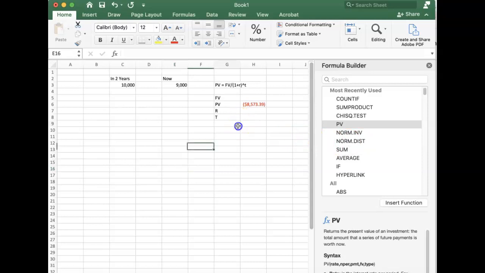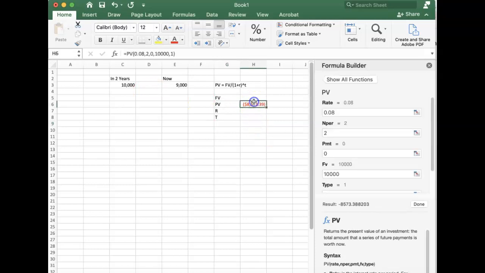So I would take right now $8,573.39, and say that's what I would take if I was going to get it. Why don't we go back and change this to 10%? If I change it to 10%, then I would take about $8,000 today.